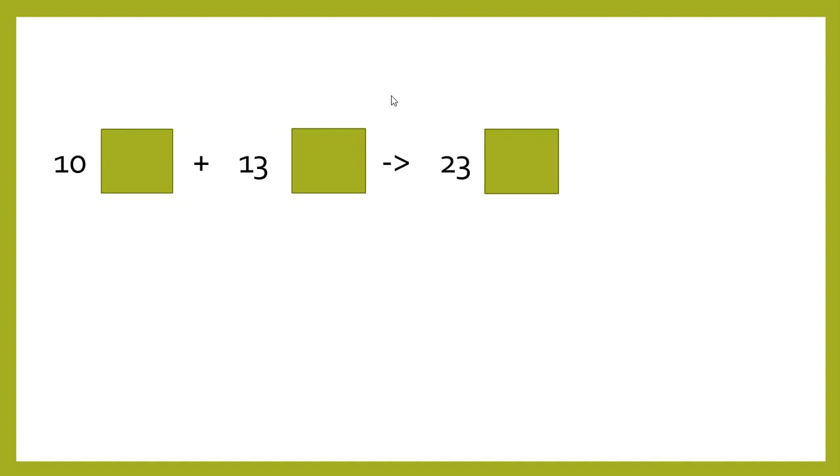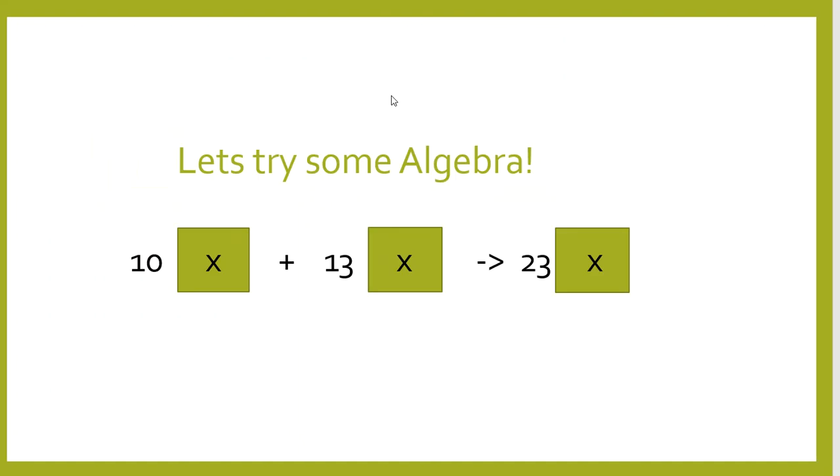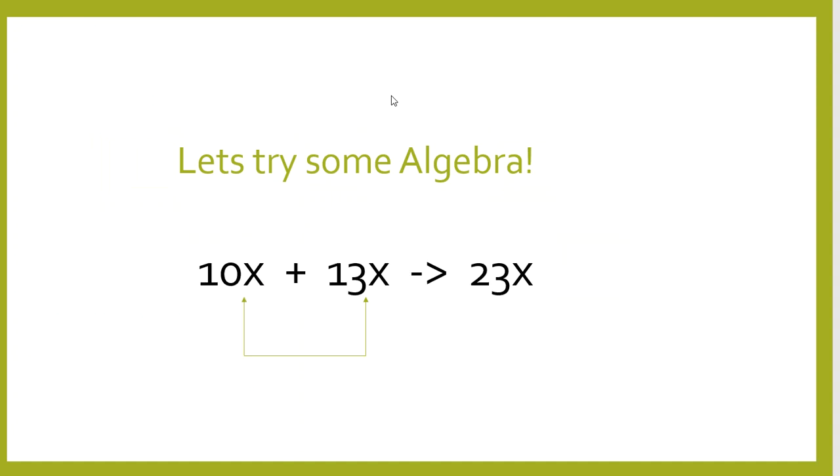So if you got that right, you probably have a good concept here of what like terms look like when we're talking about things like apples and bananas and squares. But let's turn that into algebra here. So instead of these squares, I'm going to drop in each square an x. I'm going to read this expression, instead of reading it with squares, as 10x plus 13x yields 23x.